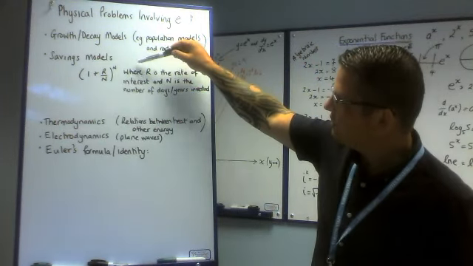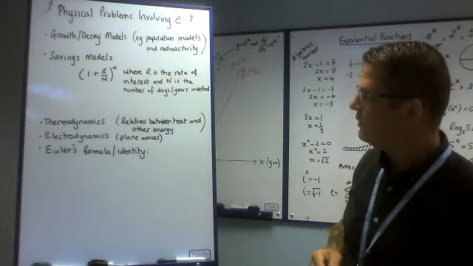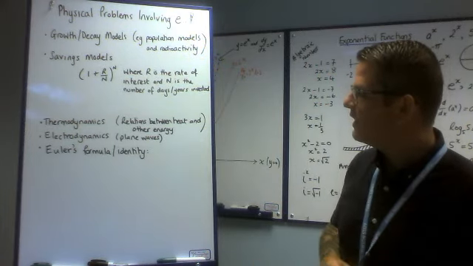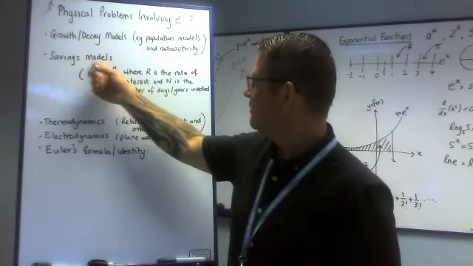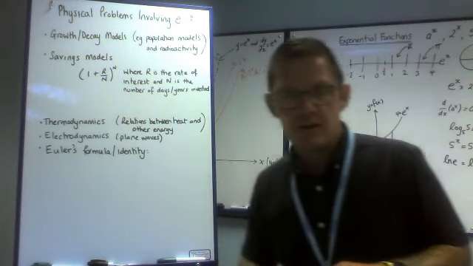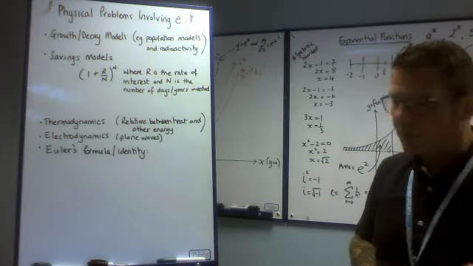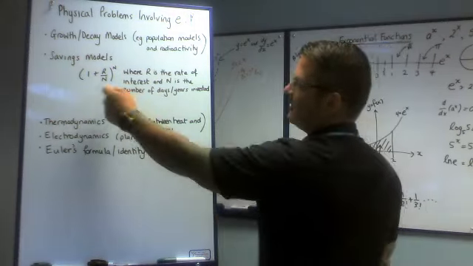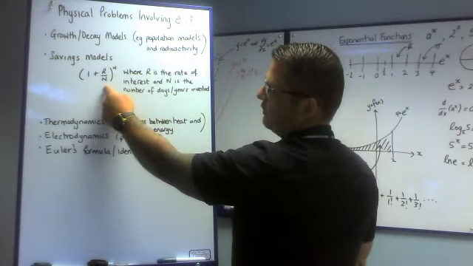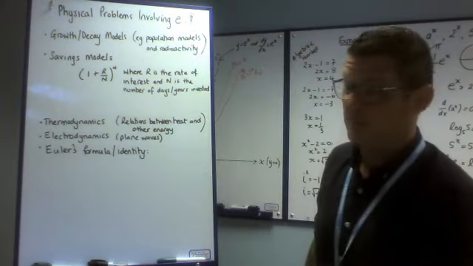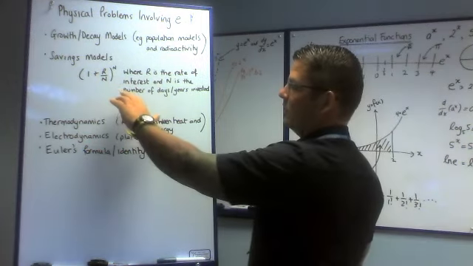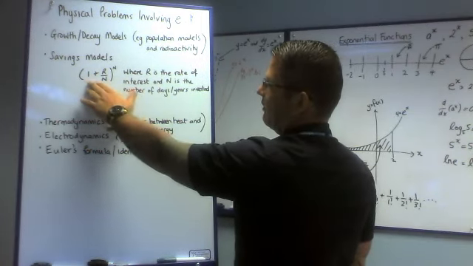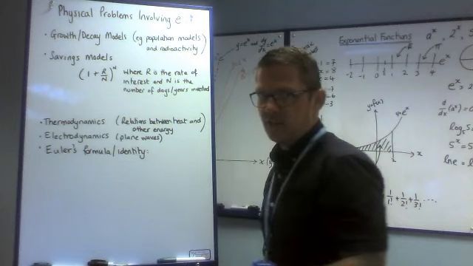But this is an interesting one that I talked about, the mathematician Bernoulli, who came up with e when he was looking at things like savings models, or more specifically compound interest, or continually compounded interest. You will have done this before when you were studying your GCSEs, and we look at our formula here for calculating compound interest.